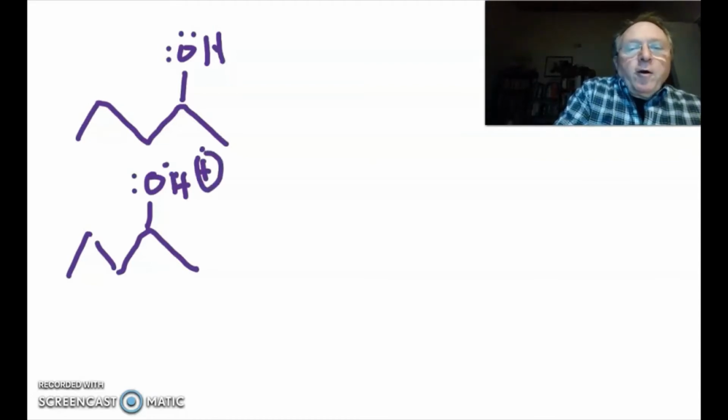So this is now our molecular ion. We won't see this molecular ion because this alpha cleavage is so favored that there'll be no parent molecular ion to see.